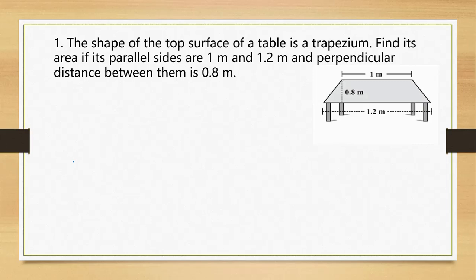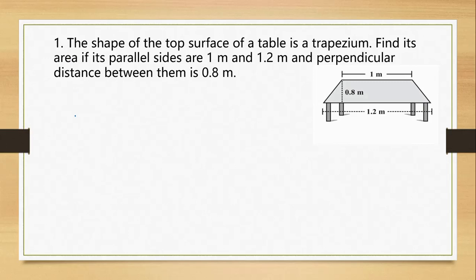In this question they have given: the shape of the top surface of the table is a trapezium, find its area if its parallel sides are 1 meter and 1.2 meter and the perpendicular distance between them is 0.8 meter.